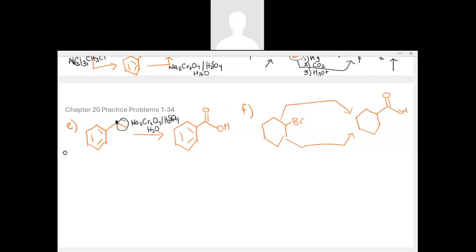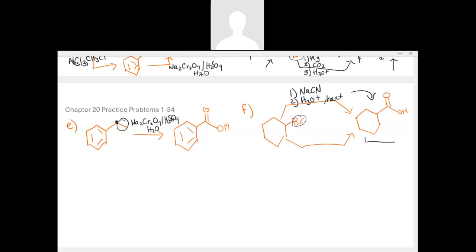In our last transformation here, we have two different paths we could take. So we have our bromocyclohexane. We could, in 2 steps here, do an SN2 reaction using sodium cyanide, replace that bromo group with a nitrile functional group, and then using aqueous acid and heat here, we can hydrolyze to generate our carboxylic acid product, our cyclohexane carboxylic acid.